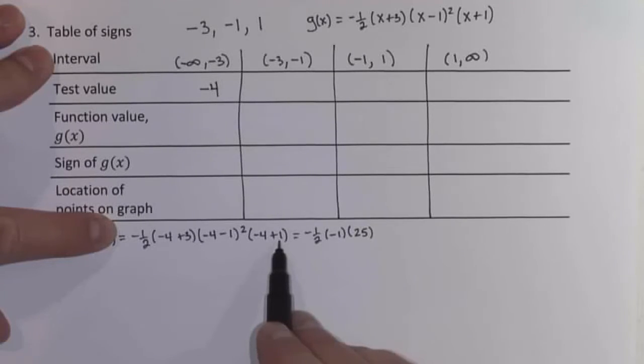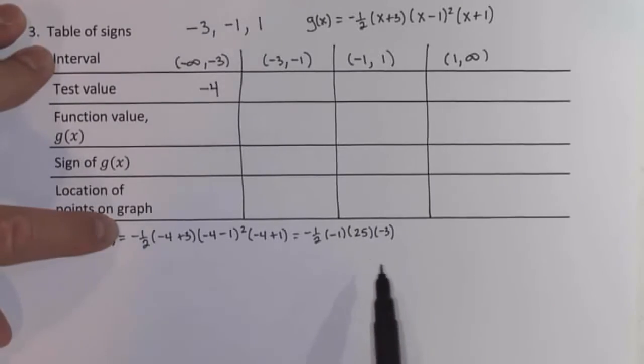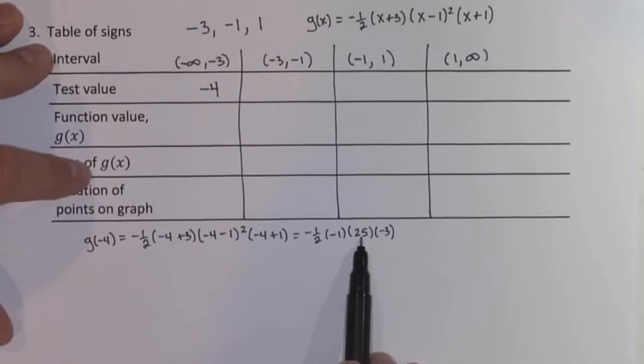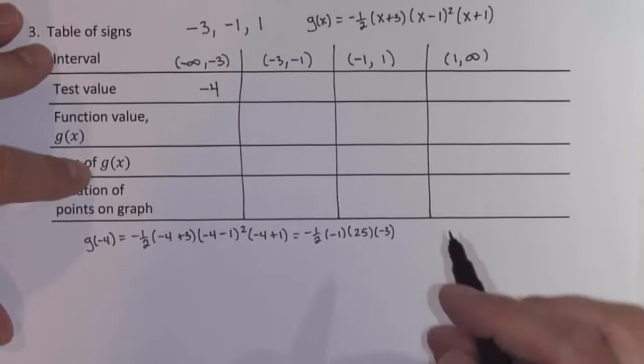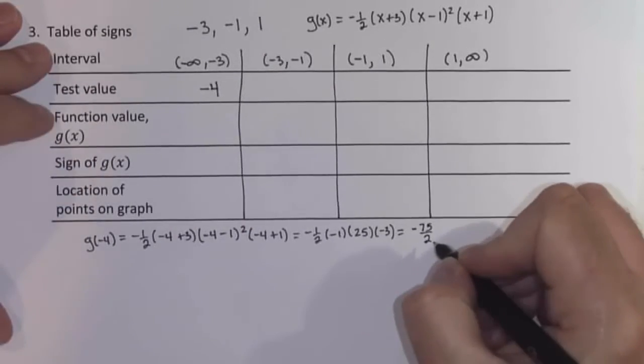And -4 plus 1 will be -3. So we have -1/2 times -1, which is +1/2. +1/2 times 25 would be 25 halves, and 25 halves times -3 will be -75 halves.